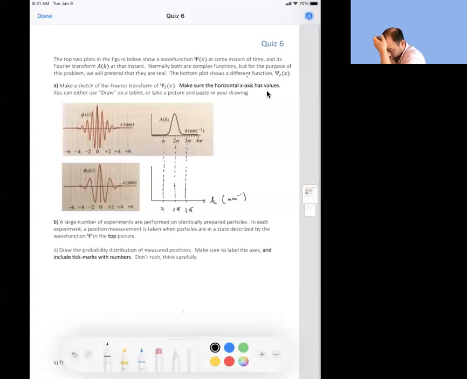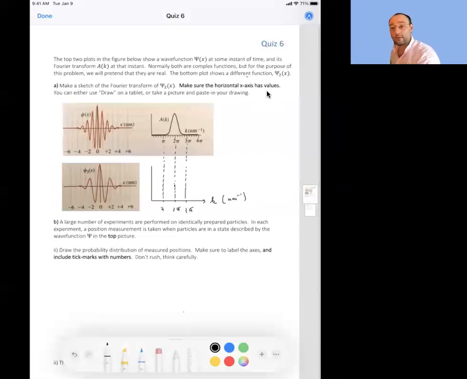So what would you draw here? How would you reason this out? Well, here's how I would reason this out. I see that the dominant wavelength in psi2 is clearly twice as big as the dominant wavelength in psi1. It's not the only wavelength because it's not a pure sine wave, but clearly the dominant wavelength is twice as big.